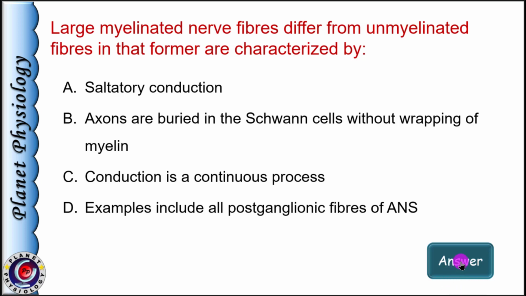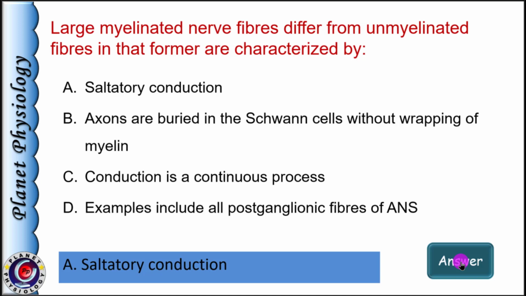Yes, another simple question. Myelinated fibers show saltatory conduction. That is, the action potential jumps from one node of Ranvier to another node, and hence the conduction is faster in myelinated nerve fibers.